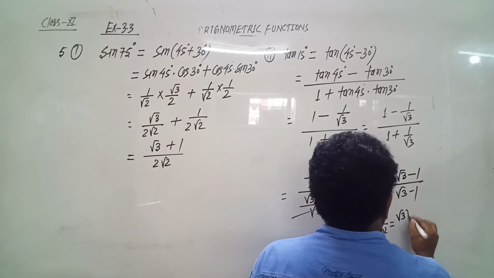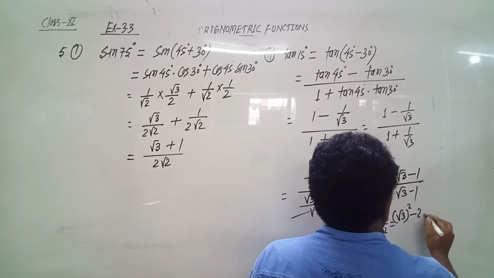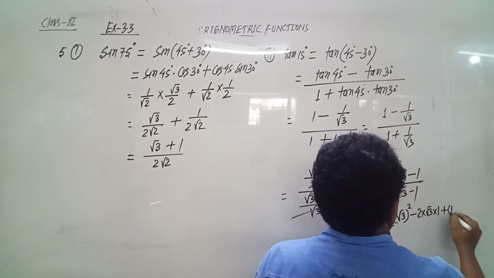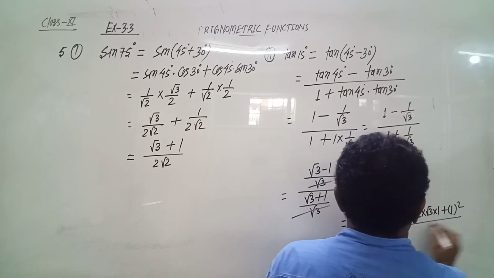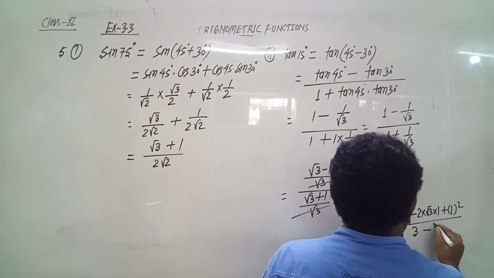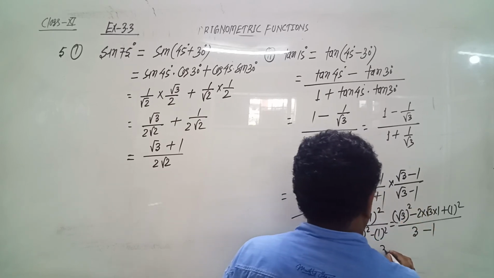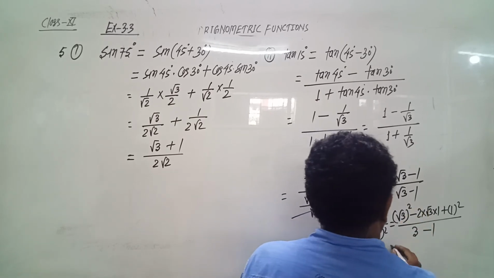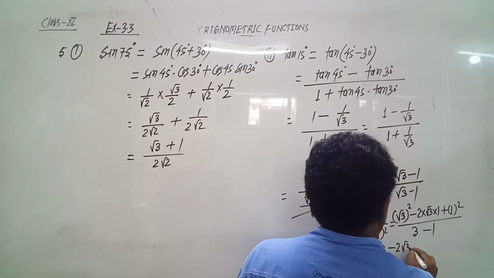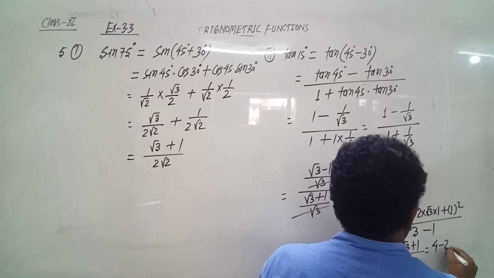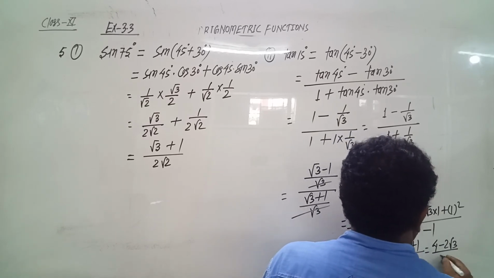Now expand using the formula (a minus b) the whole square. So root 3 the whole square minus 2 into a into b plus b the whole square, upon root 3 the whole square 3 minus 1 the whole square 1. So 3 minus 2 root 3 plus 1 upon 3 minus 1, which is 2. 3 plus 1 is 4, so 4 minus 2 root 3 upon 2.